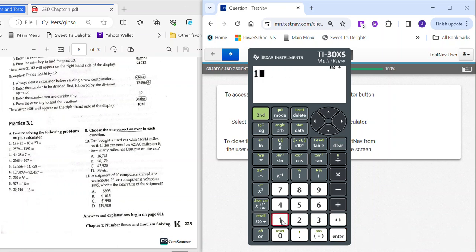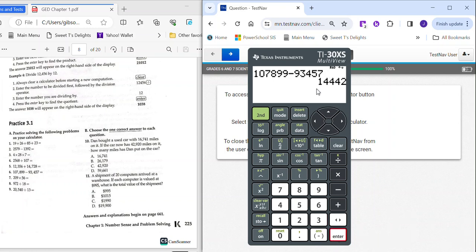Now we have 12,356 plus 14,728. Enter. It'll give you 27,084. And you see we have the exact same numbers here. So we go back and clear. So we go to number 6, 107,899 minus 93,457.